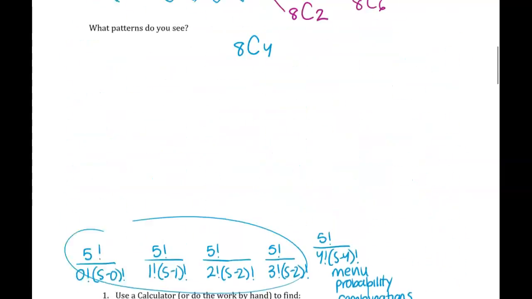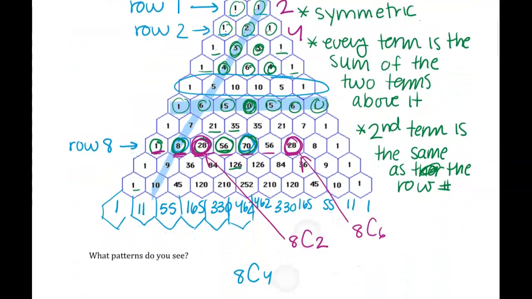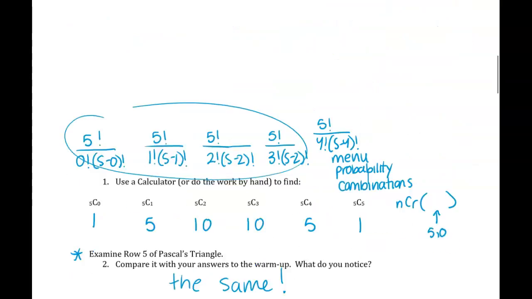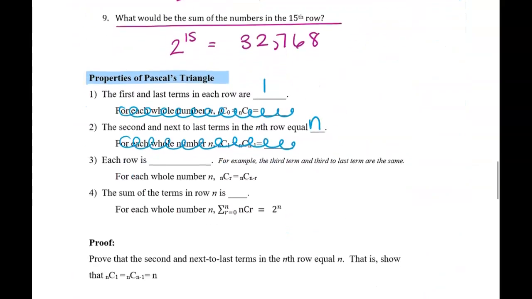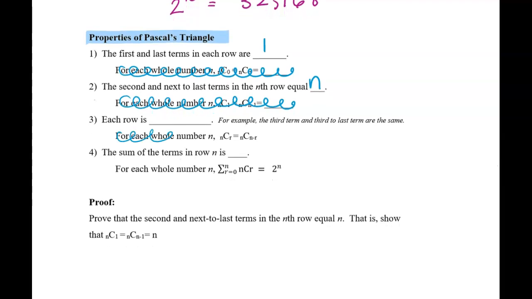For the 7th row, the second term should be 7, yep, and the second to last term should be 7. Yep, that's true. Each row is symmetric. And the sum of the terms in each row is 2 to the n.